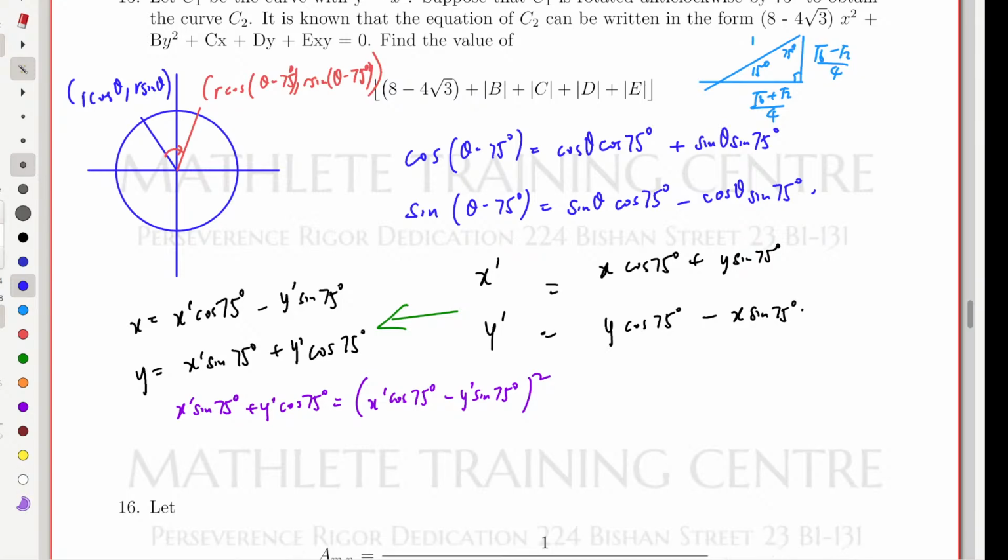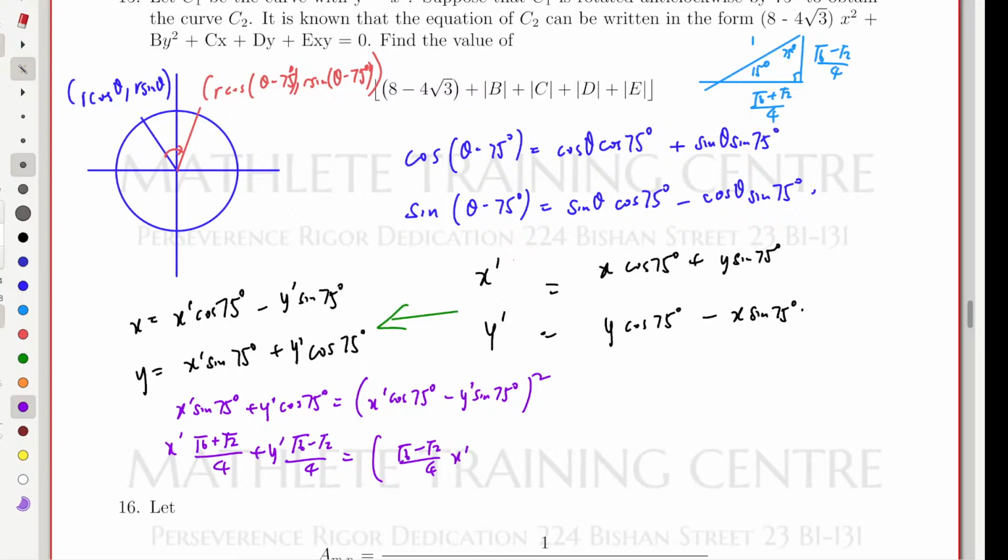Okay, wait up. I'm staring at too much math right now. So it's x prime times square root 6 plus square root 2 over 4, plus y prime times square root 6 minus square root 2 over 4, equals cosine 75 degrees, square root 6 minus square root 2 over 4, times x prime.